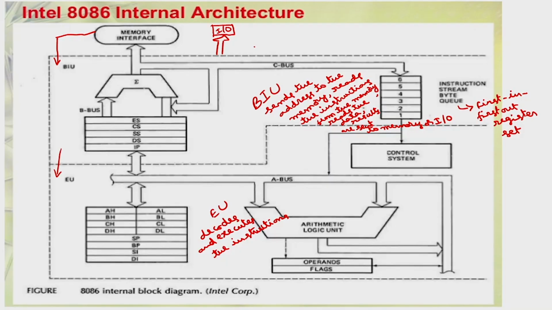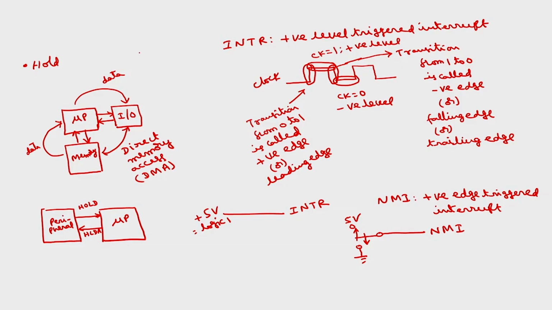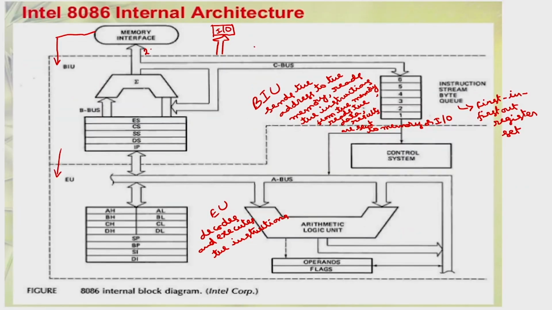So, for the code segment or any segment, the physical address is the contents of the segment register times 10H plus the contents of the instruction pointer or any base pointer. In that way you can compute the physical address. This is a 20-bit physical address, whereas these registers are 16-bit registers.